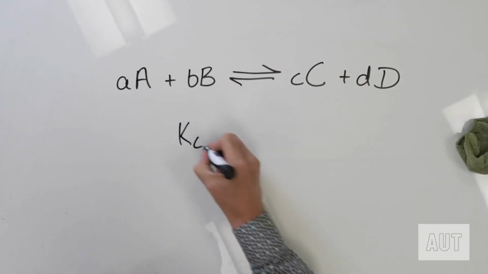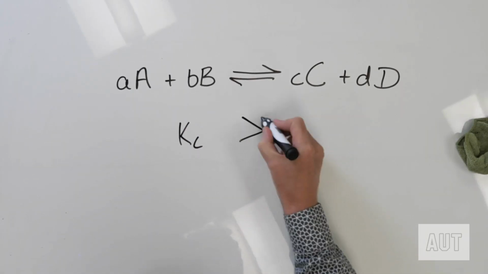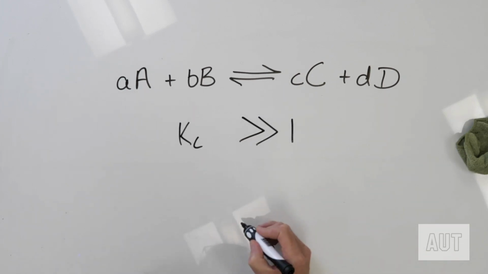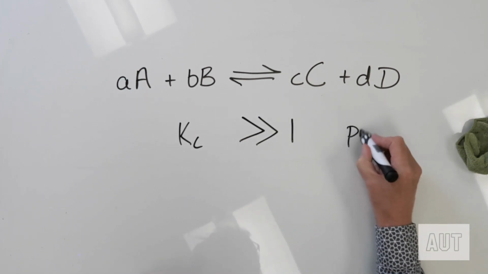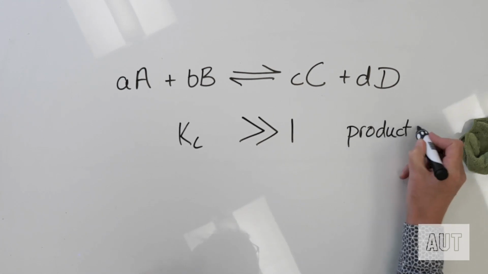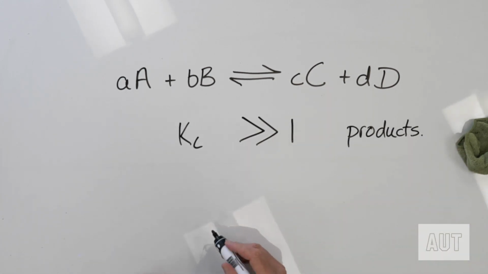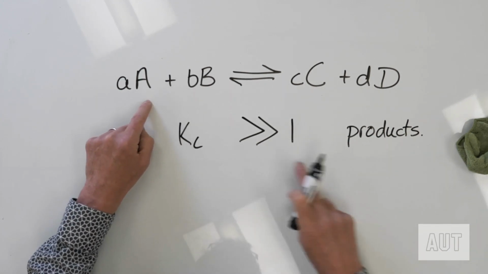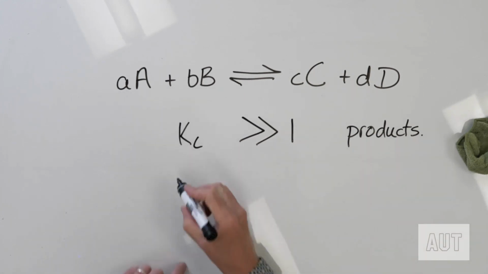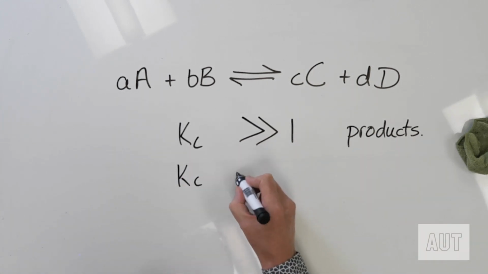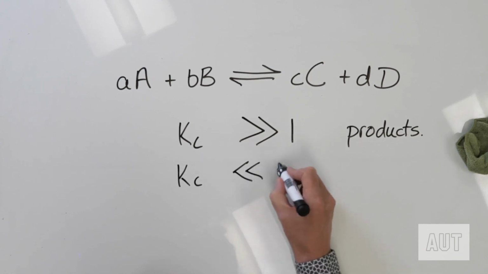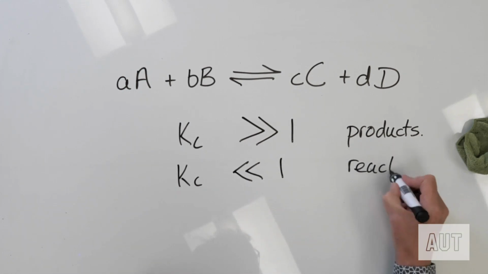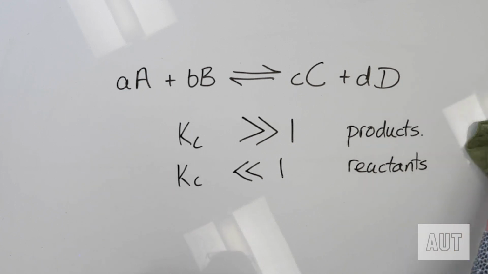The take-home message is that we can write an equilibrium constant expression. Let's call it Kc. And if Kc is very much greater than 1, then we are going to be on the side of products, because it means that the top line of your Kc expression is going to be big, bottom line is going to be small, Kc is going to be big. If Kc is very much less than 1, then at equilibrium we're going to be favouring reactants, okay?